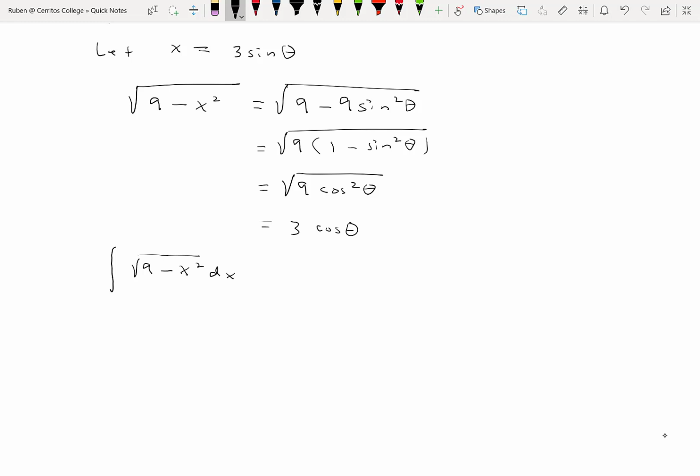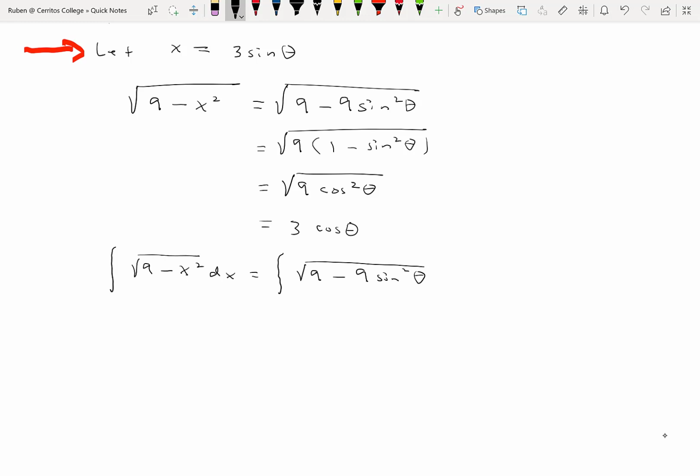Then I'll put the limits of integration from 0 to 3 back in, since the whole idea is to practice with anti-differentiation. So I'm going to let x equal 3 sine theta, and look at the red arrow up there. If I do that, I'm going to get all that algebra I did above. I'm going to get the square root of 9 minus 9 sine squared.